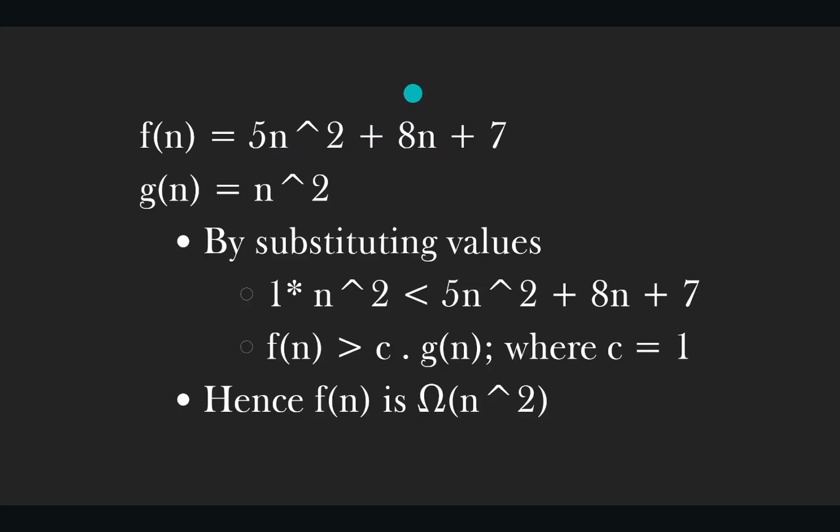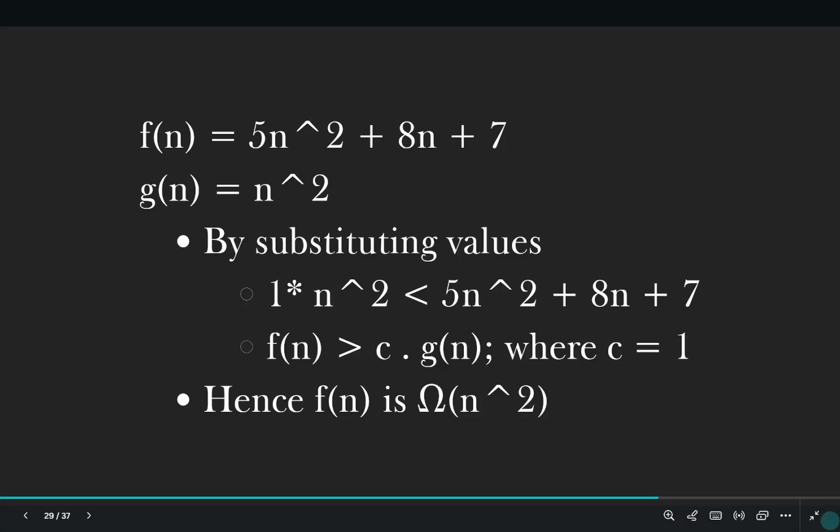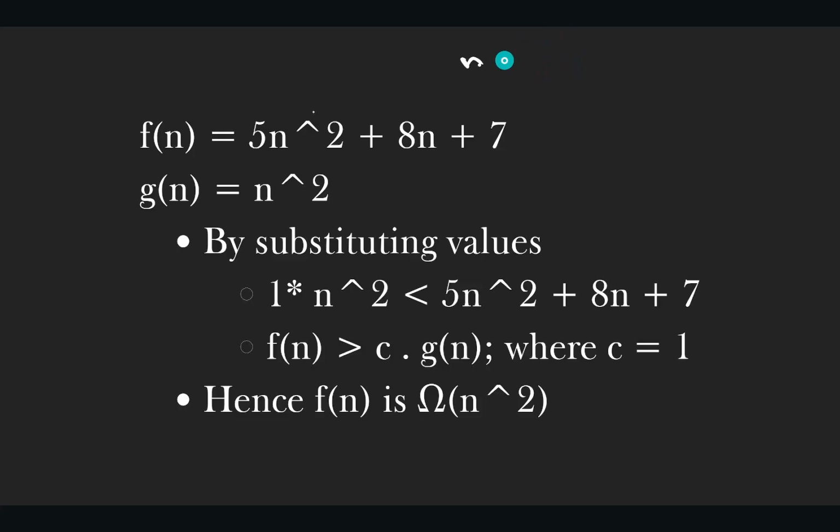So why we ignore the other terms is because as we go to infinity, the contribution of these terms to the overall value of Fn becomes less significant. Let's say n is 10 to the power of 6, 1 million.